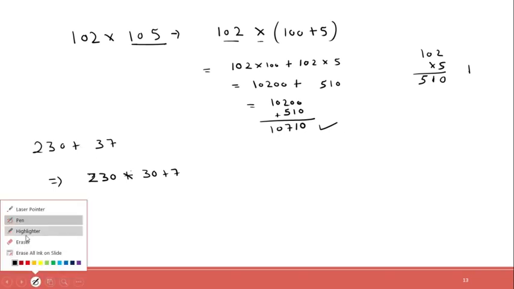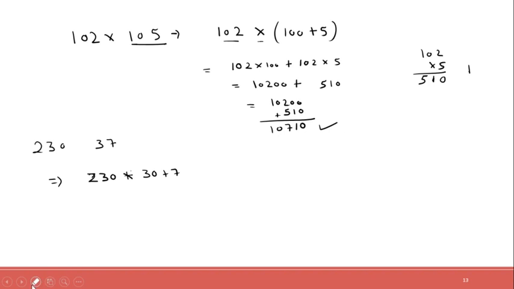Sorry, it's multiplication here, right? Then we can just split 37 into 30 plus 7. So it became 230 into 30 plus 230 into 7. So here 0 and 0. If we multiply two numbers, we can just add the number of zeros. Here 1, here 1. So 2 zeros here.